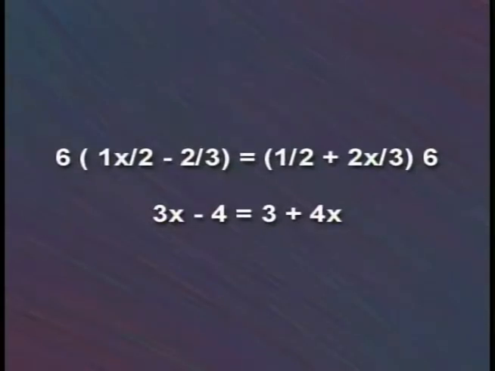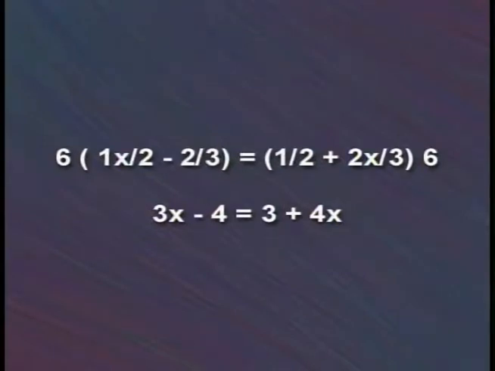Let's multiply the left side by 6. 6 times 1/2 x equals 3x. 6 times negative 2/3 equals negative 4. Now multiply the right side by 6. 6 times 1/2 equals 3, and 6 times 2/3 x equals 4x.